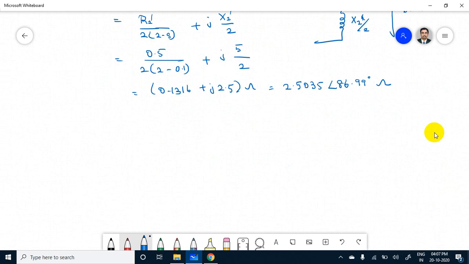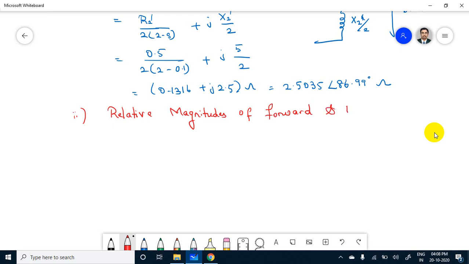Okay, then we will go to the second substitution. What is our second substitution? We have to calculate the relative magnitudes of forward and backward fluxes.